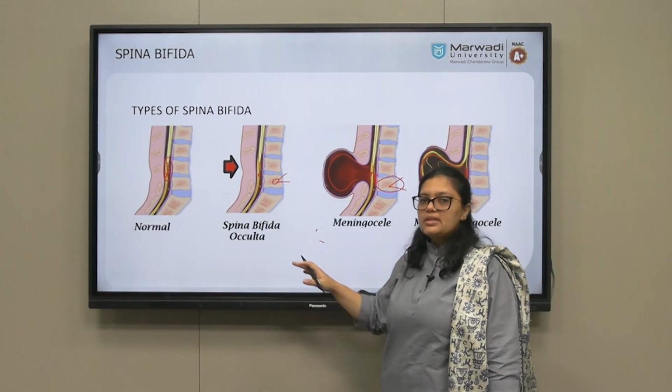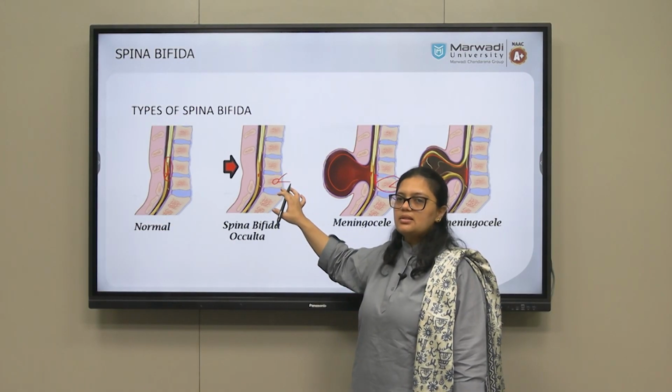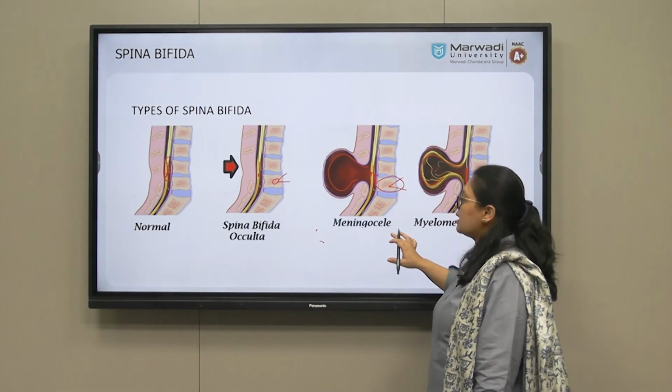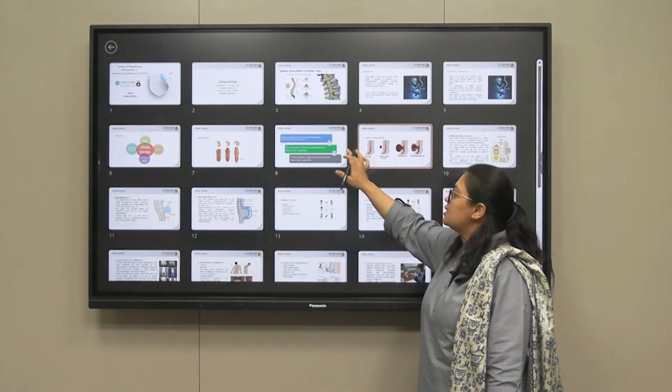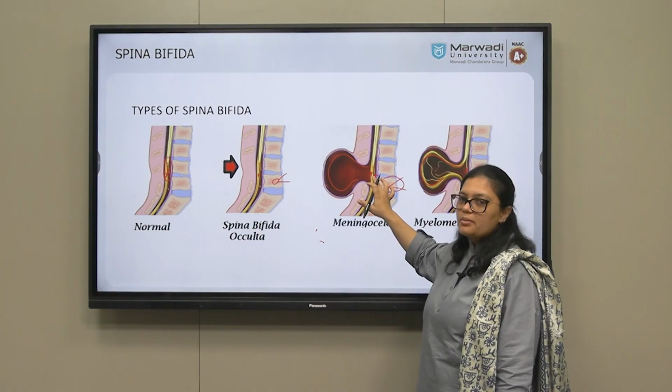Fine. So we have seen 3 types of spina bifida. The first is occulta, where there is just an issue with the structure. The second is meningocele, where the meninges are just coming out, but the nerve fibers are intact.